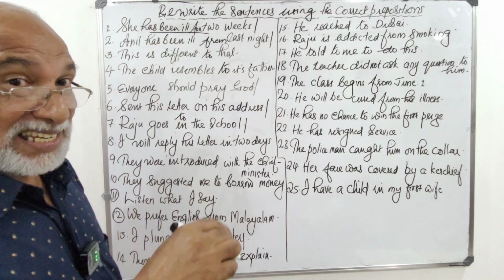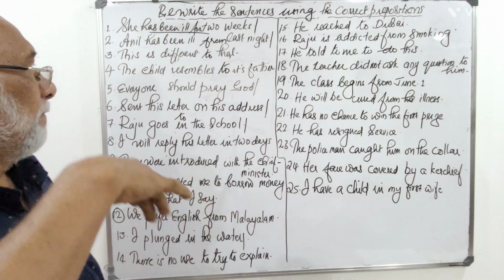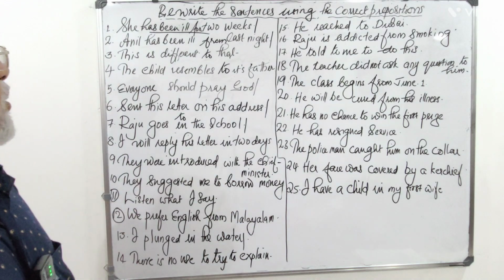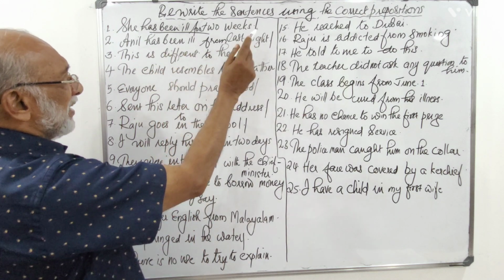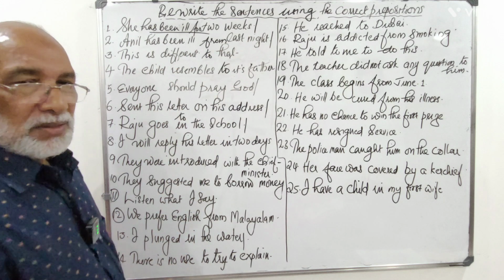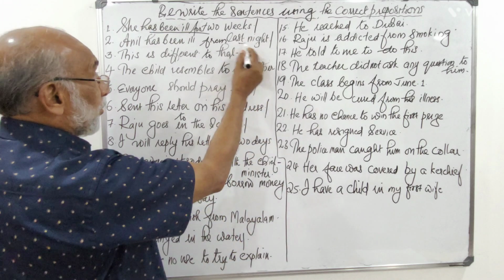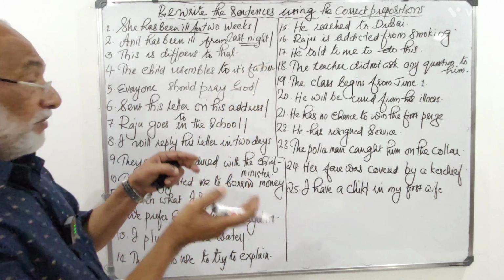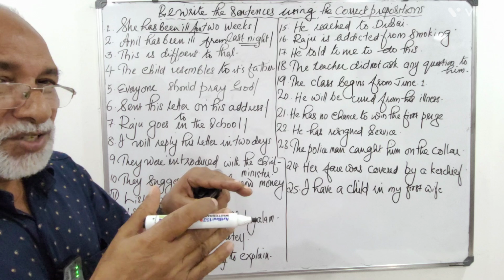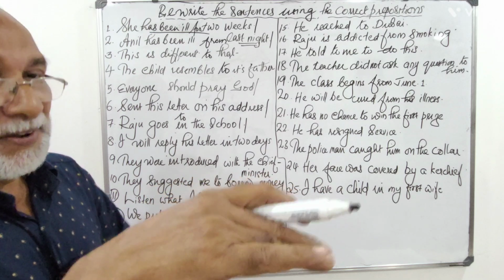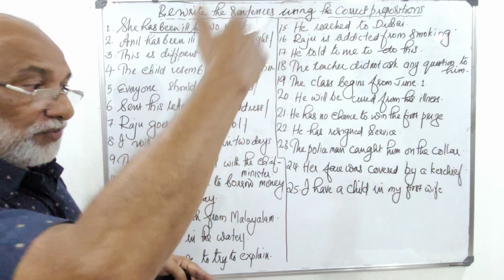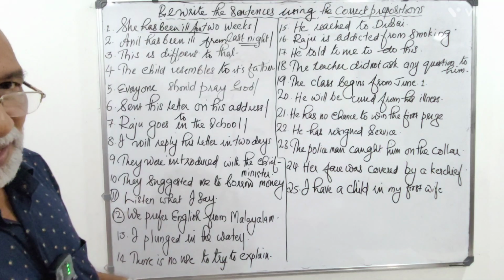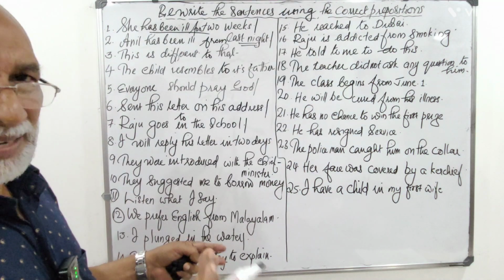When you come to the second sentence, it will be more clear to you. Okay, Anil has been ill from last night. Last night is a point of time, but from is used to refer to a period of time. Okay, from morning till evening, or from last Monday to Friday, like that.